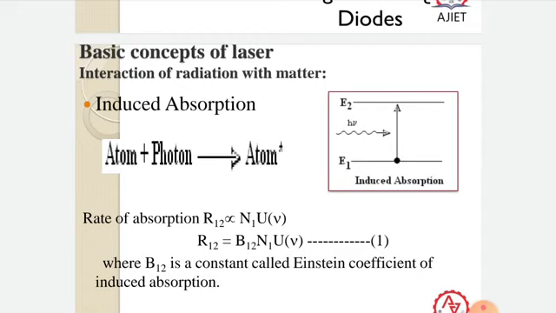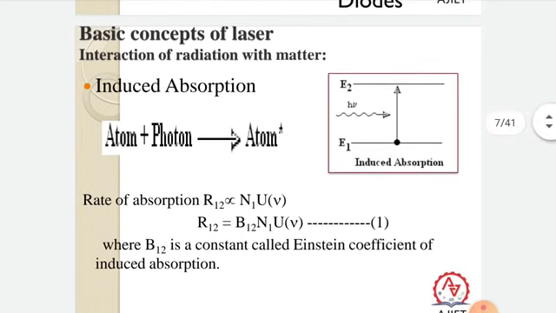In order to understand the manner in which radiation can interact with matter, consider two energy states E1 and E2 of a system, as shown in the diagram. The system may be an atom or a molecule. If the energy difference between the two energy levels is delta E, then delta E is nothing but E2 minus E1, that is, the higher energy state minus the lower energy state.